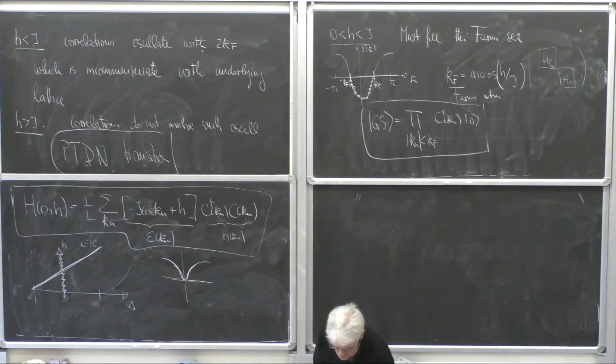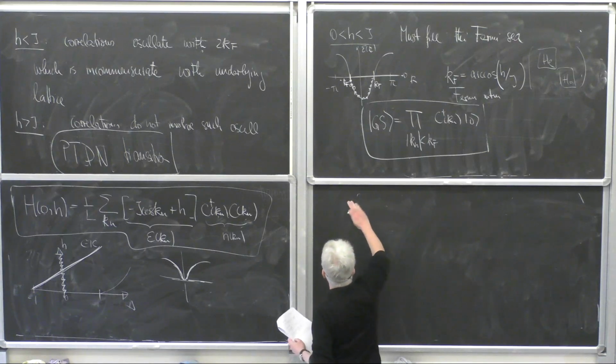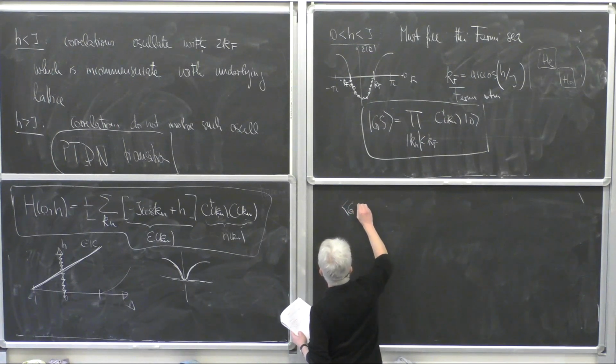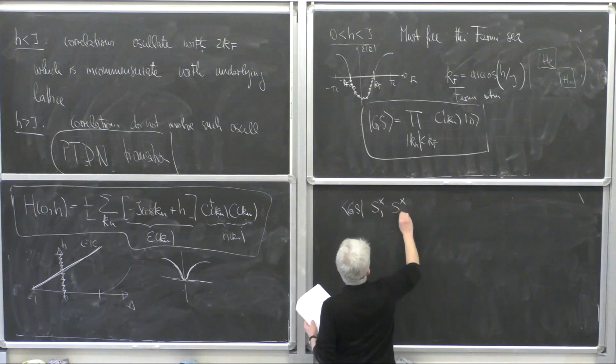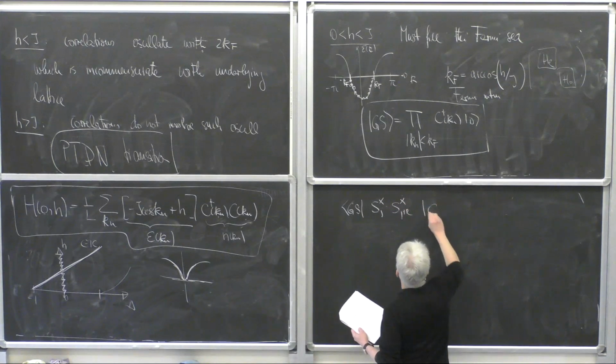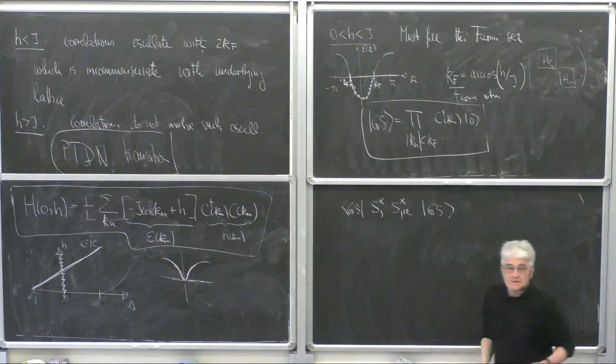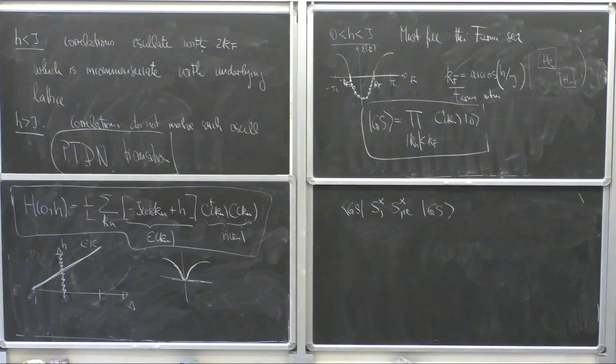Now, if you were interested in correlation functions of the transverse components of the spins, so these you cannot calculate easily. Yeah, so this back of the envelope calculation that gives you the answer I had written there does not apply.